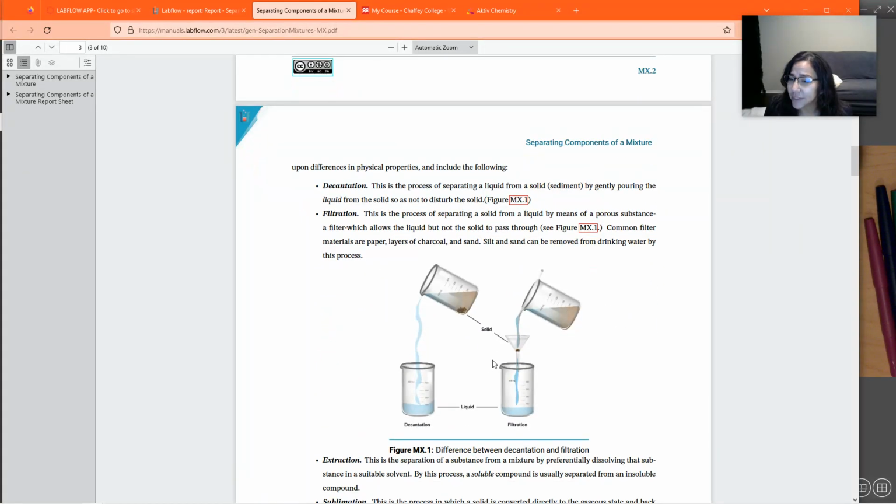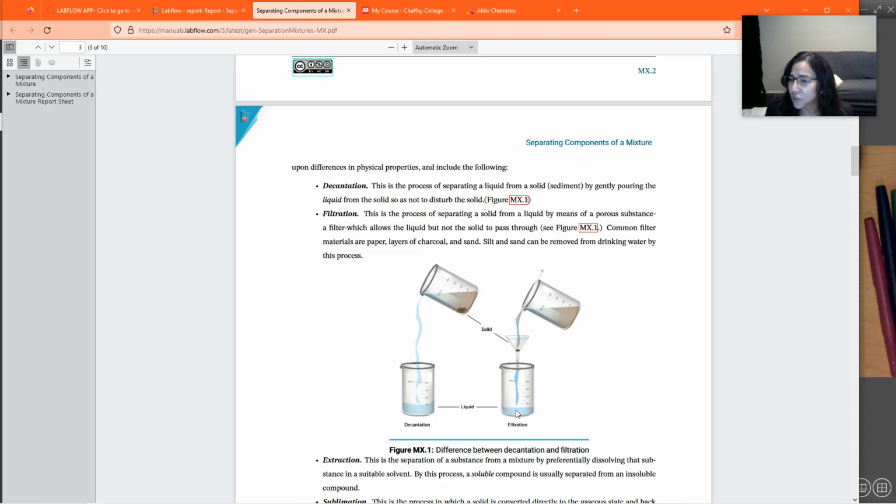Then it talks about techniques. So decantation and filtration. So to decant something as opposed to filtrate something. Decant just means you're separating it, right? Gently pouring something out of the container, but you're not filtering it. When you filter something, you're actually capturing any of the small particles that may be inside of that liquid.